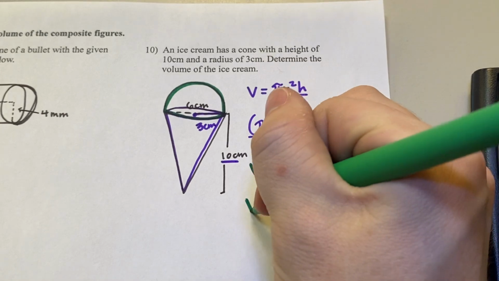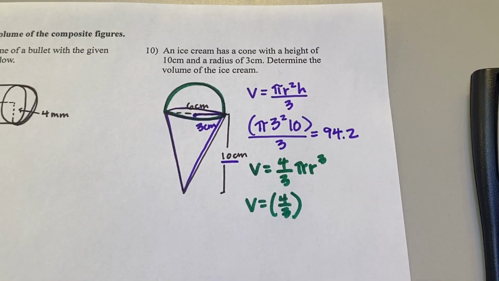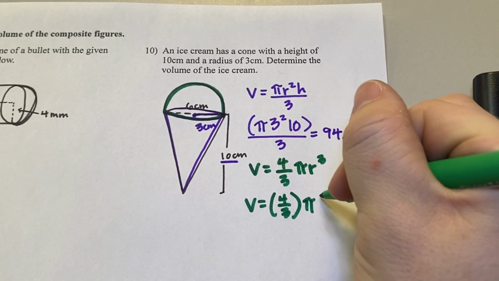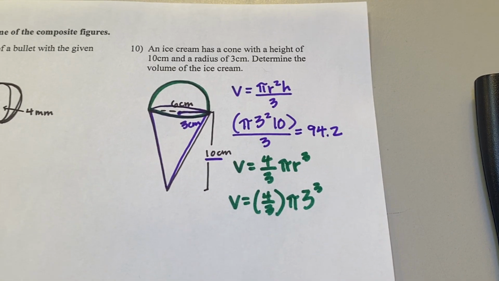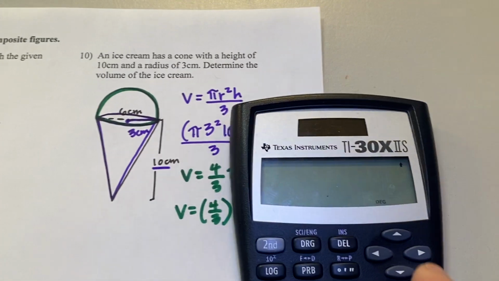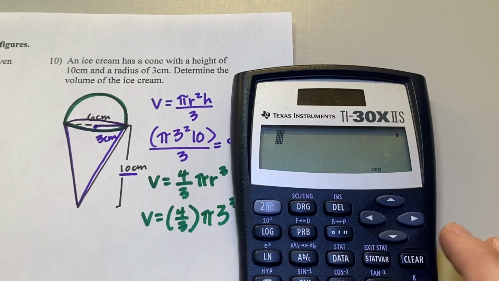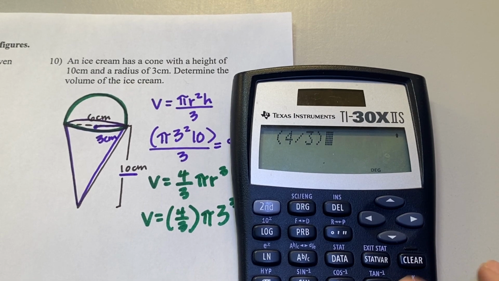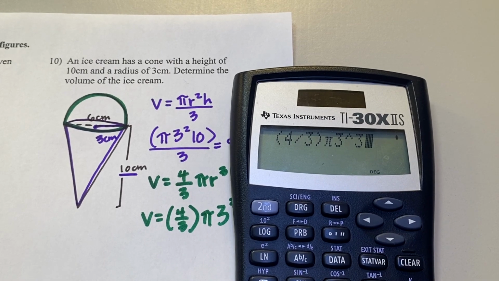Now we're going to plug it in. For the ice cream part, the volume is 4/3 in parentheses, pi times 3 cubed. In my calculator, parentheses 4 divided by 3, times pi times 3 to the power of 3.